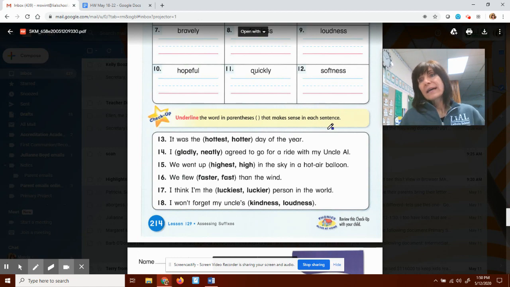Well, first of all, hottest sounds better, but I also know it's correct because if I'm comparing that day to all the 365 days of the year, I know I'm doing more than 2. I'm comparing it with 3 or more. So you are going to then underline or circle, whichever is going to be the correct ending.